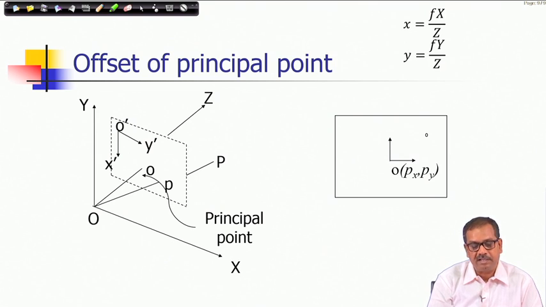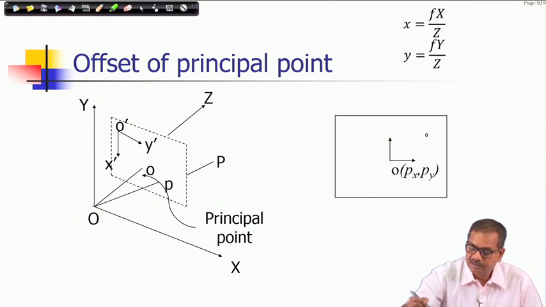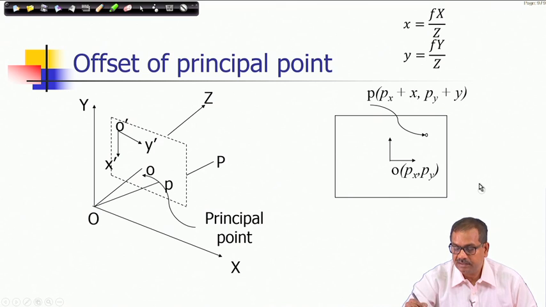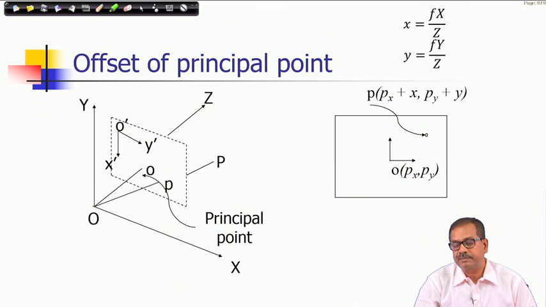So, when the origin has been shifted to a different point, the principal point will have a coordinate other than 0, 0 of the image plane. Suppose this is Px and Py. So, any point in the image plane will now be represented with coordinates Px plus x and Py plus y.